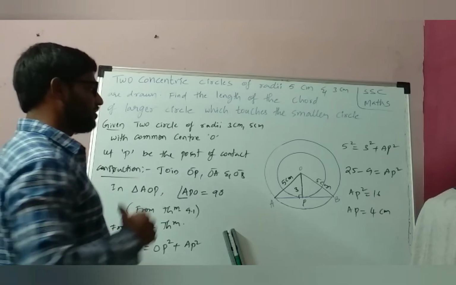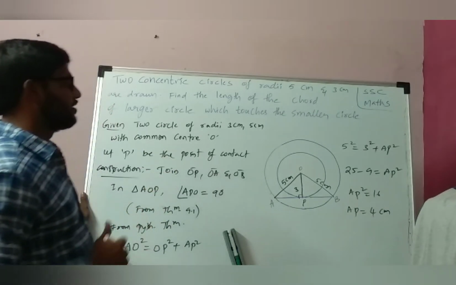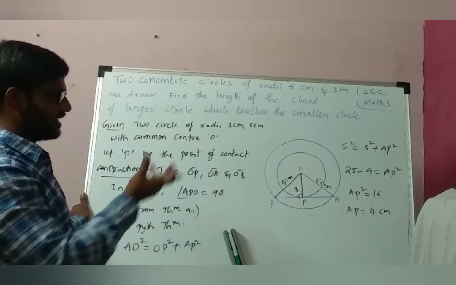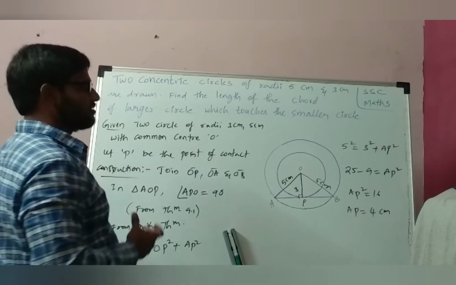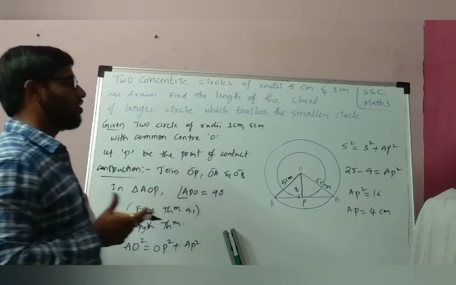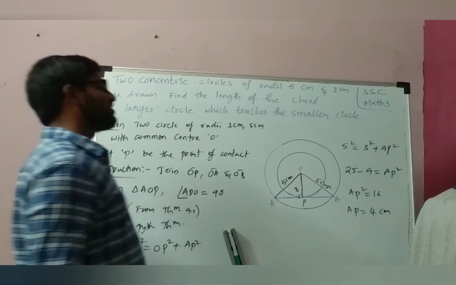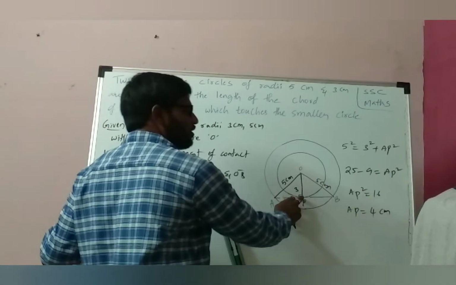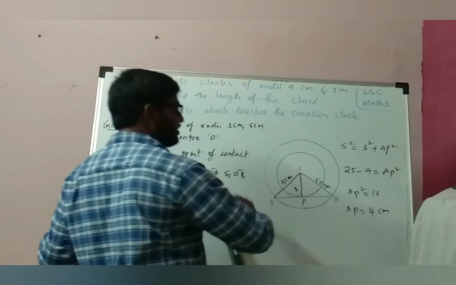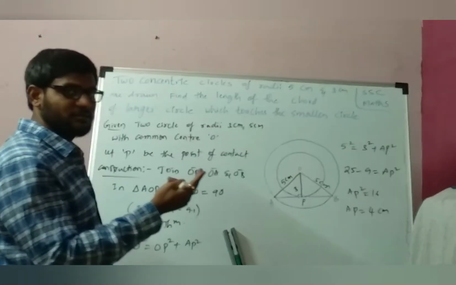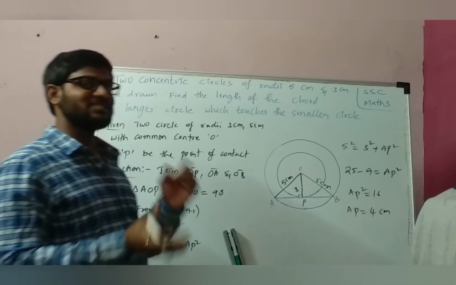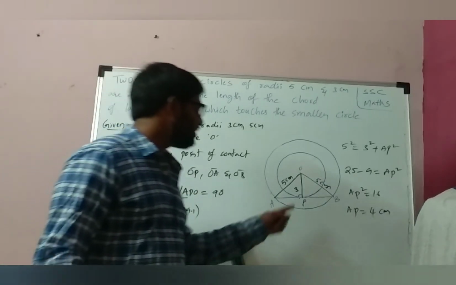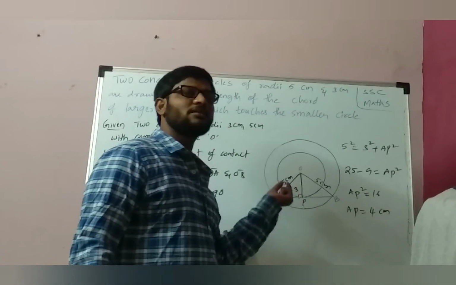But in theorems, not theorem, it is a statement. The statement of concentric circles: the chord of the larger circle is bisected by the point of contact. That means this point of contact is bisecting the chord of the larger circle. Okay, whenever the chord touches the inner circle, then definitely this chord is bisected by the point of contact.